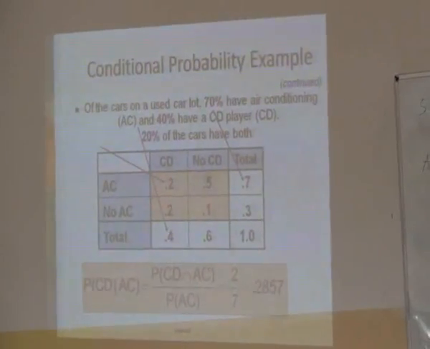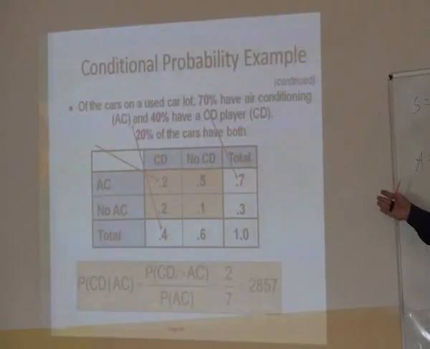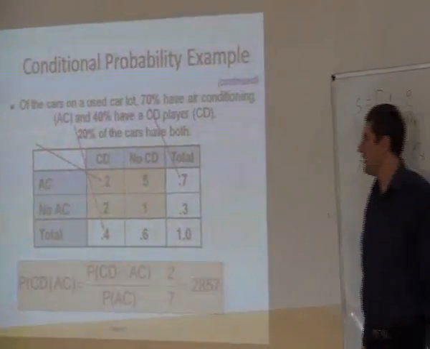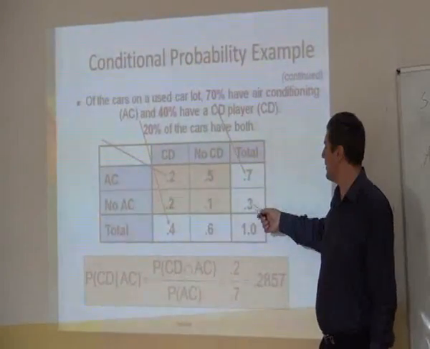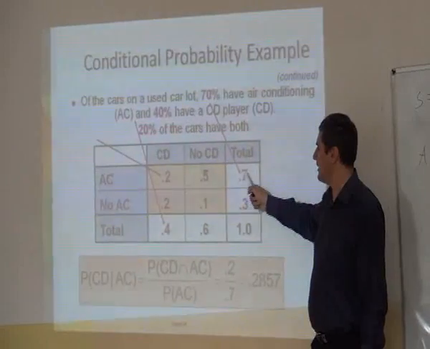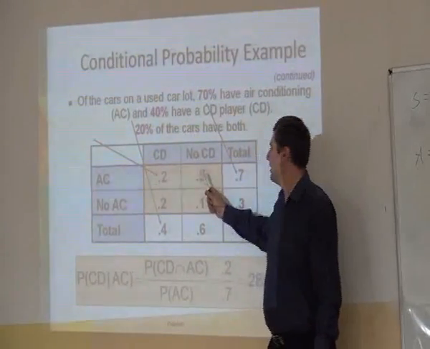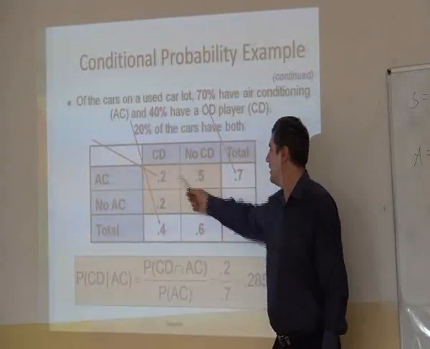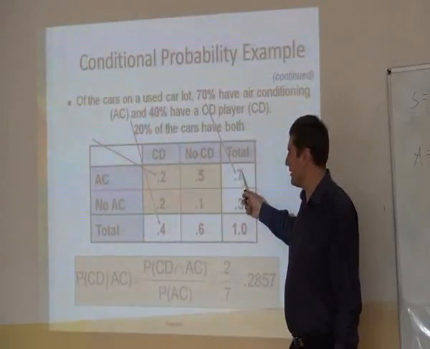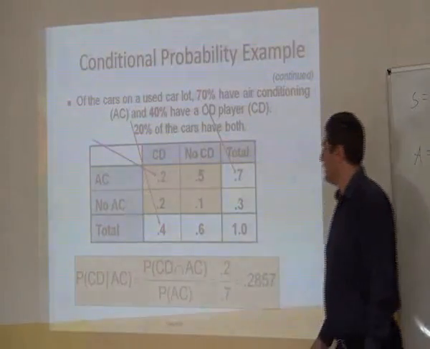If you are given, for example, these three numbers, can you calculate the others also? Yes, of course. If we are given 0.7 and 0.2, then here should stand just 0.5 because they need to sum up to 0.7.